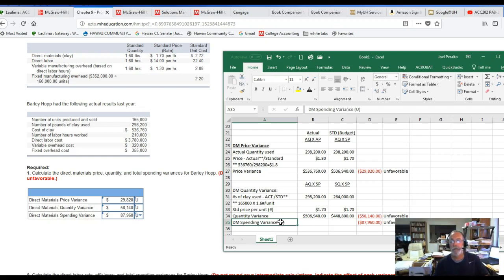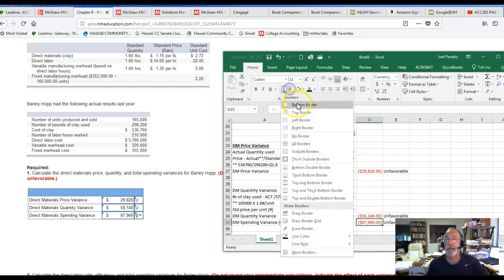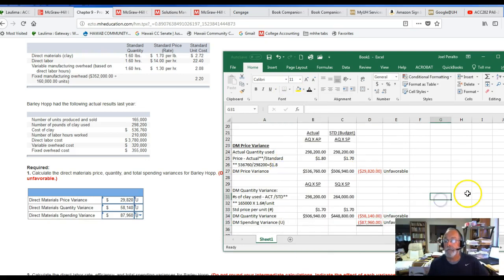Actually it would probably be even better to simply show it as direct material price variance and direct material quantity variance, and then the combination of the two gives us our spending variance. There we go. Okay.